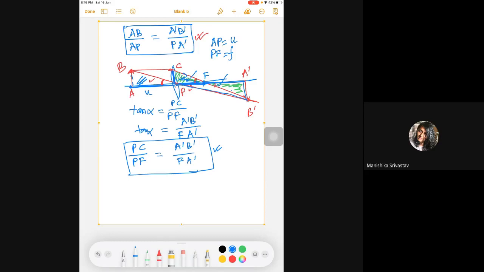The same convention will be used everywhere: the object distance from the pole will be considered as u, from the pole to the focal point will be considered as f, and from the pole to my image, PA dash, will be v.